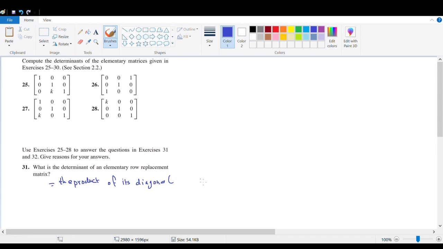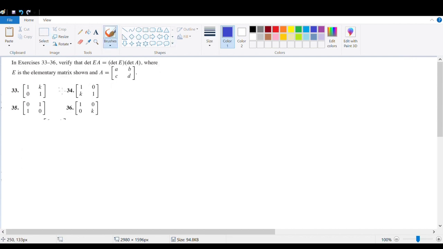But your matrix should be either upper triangular or lower triangular. So for this one it is triangular, so we say this one is the product of its diagonal entries. Similarly for this one, but this one is not a triangular matrix, so we cannot say the determinant is equal to the product of its diagonal.